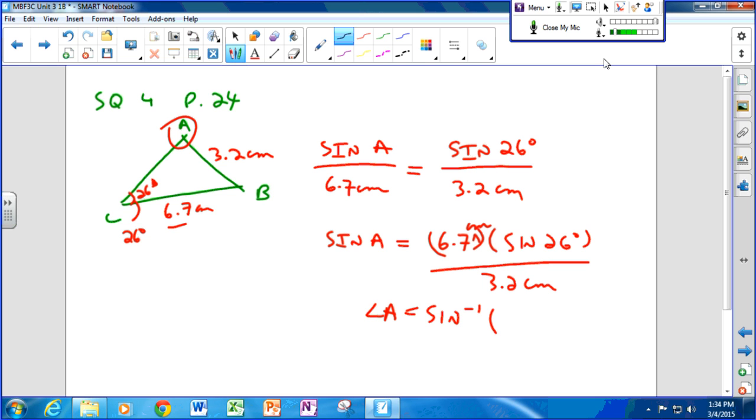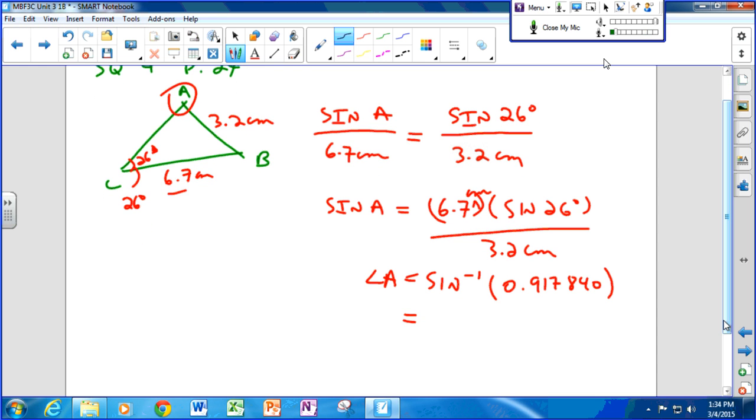So it's 6.7 times sine 26 divided by 3.2, and so I got 0.917840. That's what it rounds off to at 6 decimal places. Okay.